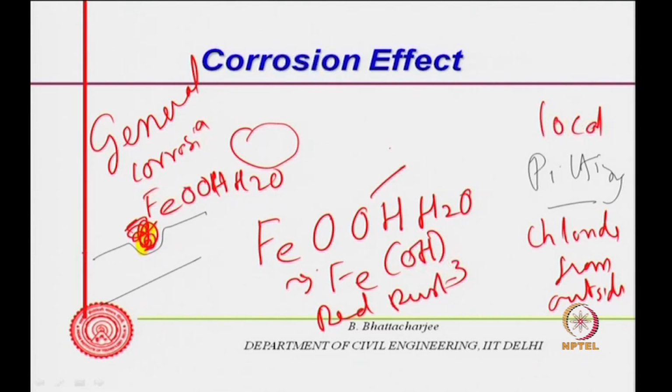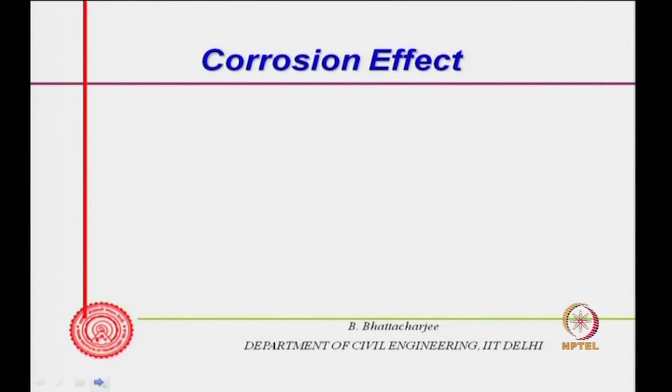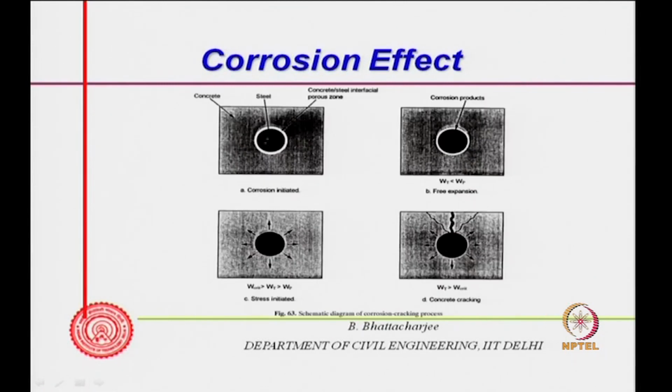This occupies a much higher volume than Fe. So, it occupies a large volume, and therefore it exerts pressure on the surrounding concrete. First it fills in these pores, exerts pressure on the surrounding concrete, and finally causes cracking of the cover concrete.